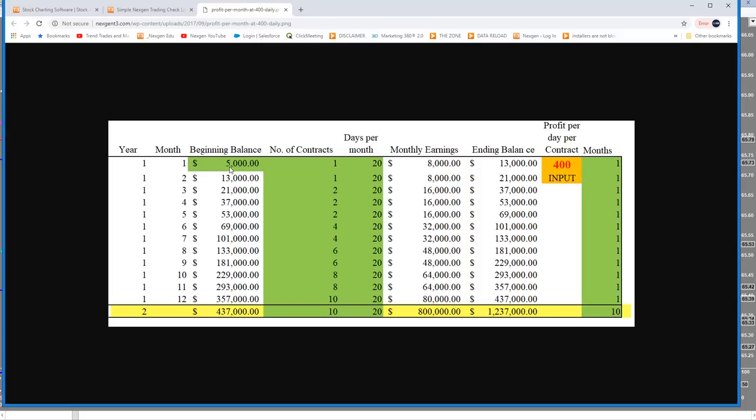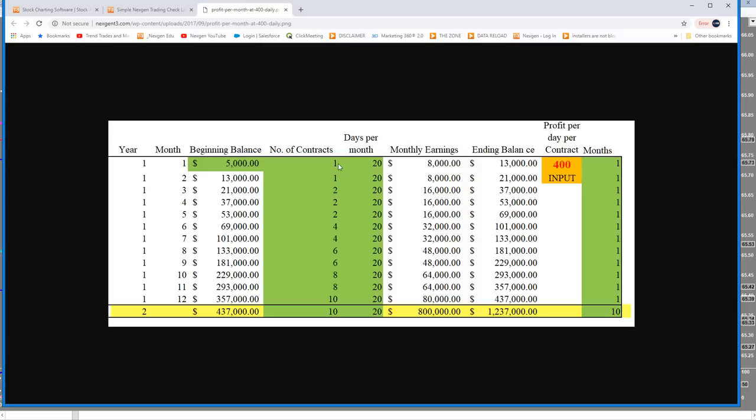If you trade a $5,000 account and you average $400 a day over the course of 20 days, you're going to make $8,000. Is everybody okay with that as far as mathematics go? It's pretty simple. If you make $400 per contract per day after cost, you're going to net out $8,000 a month for every one contract you trade.